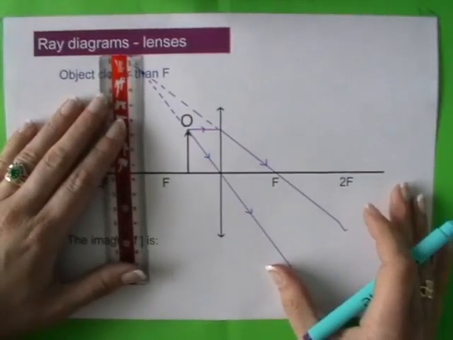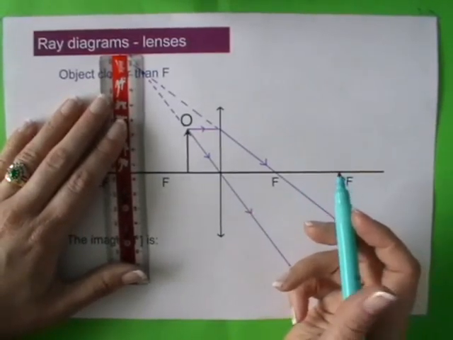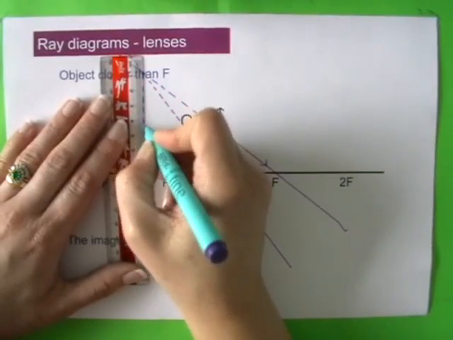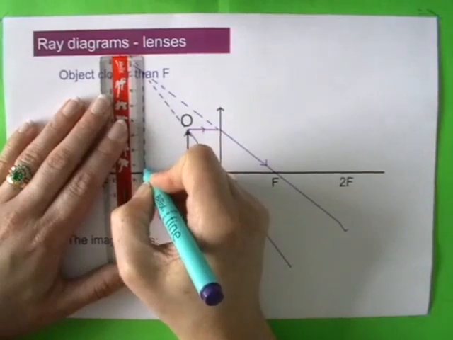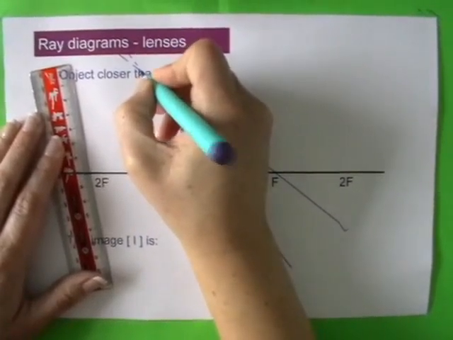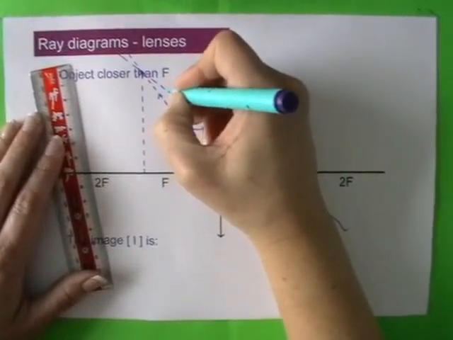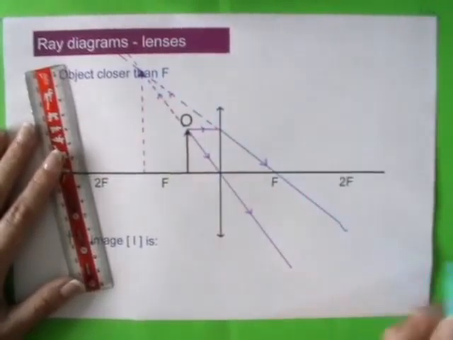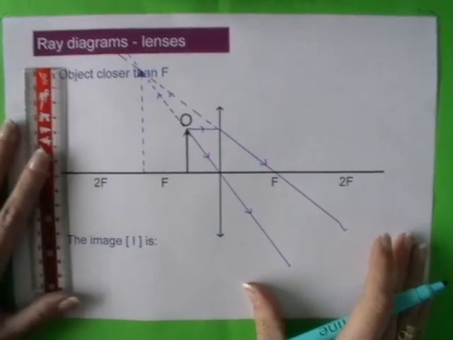And because we are continuing these rays backwards, this forms a virtual image. We can't capture this image on the screen. Therefore, we must use dotted lines to show the virtual image. I know that's difficult to see with the writing there, but it illustrates the process.